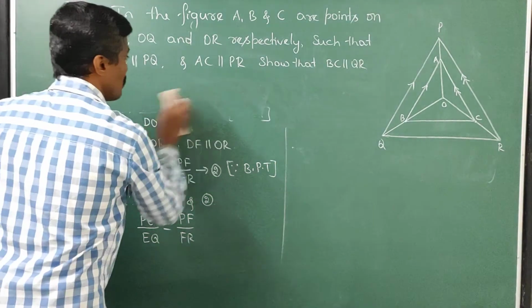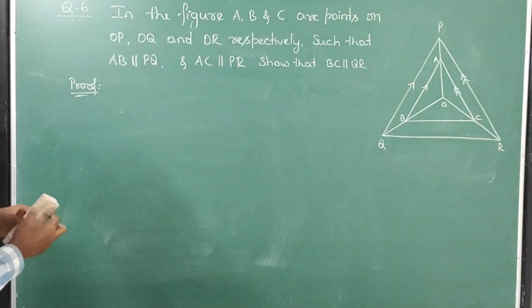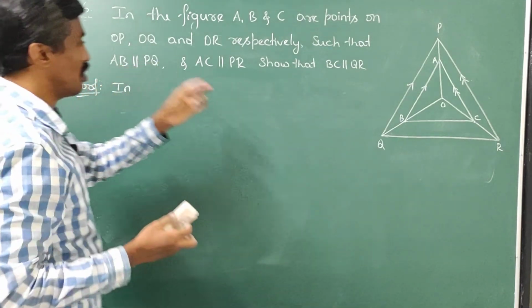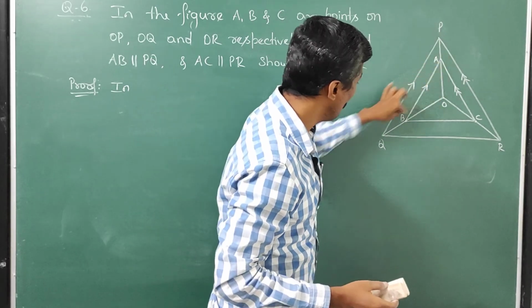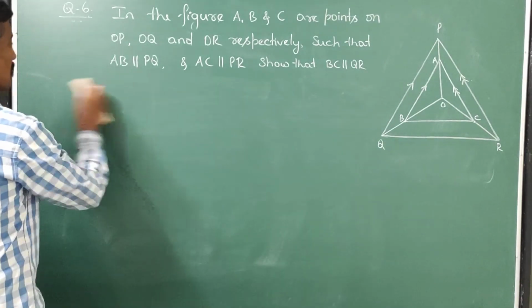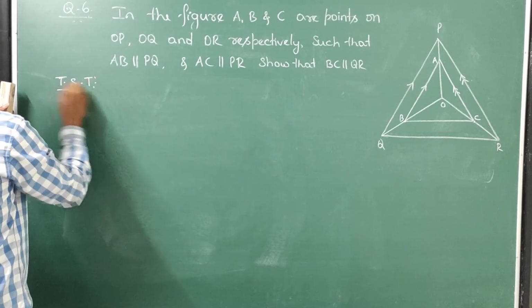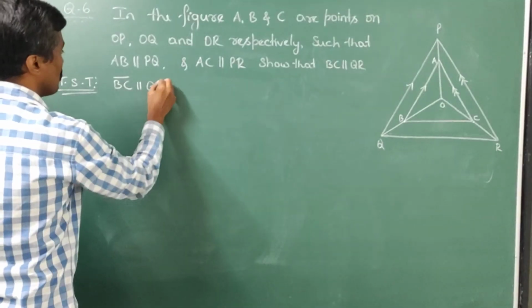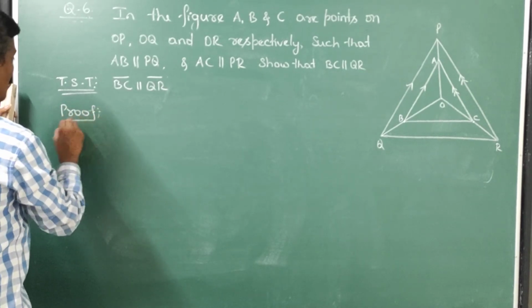So let me start with the first data. AB is parallel to PQ, so then we have to take triangle POQ, correct? Before that, let me write what we have to prove: to show that BC is parallel to QR. Let me start the proof from the first data.